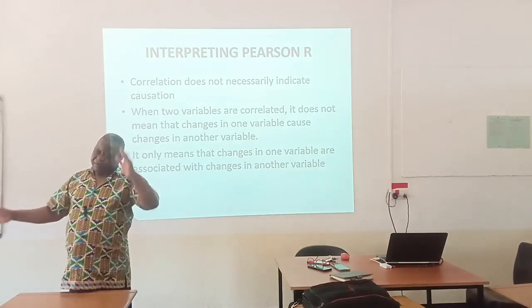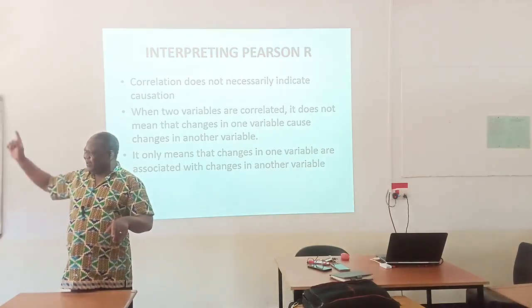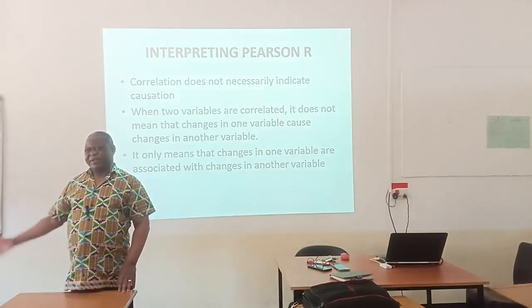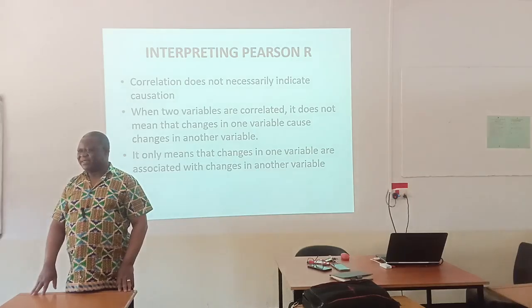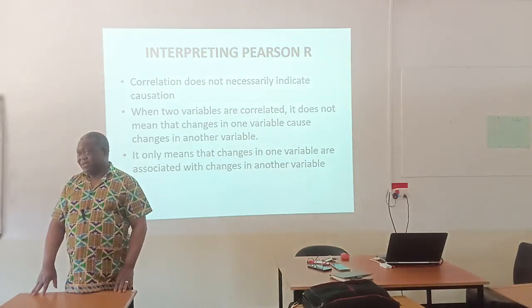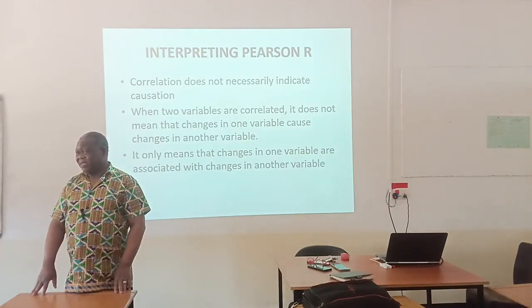So you have a variable, income generated from IGAs, and a variable, wealth status of the household, whatever way you are measuring it. In such a study, you'll be expected to correlate the two variables to be able to say, yes, if you have a good IGA, you are going to be improving the wealth status of that household.